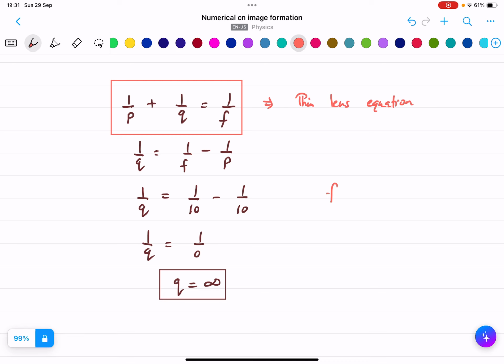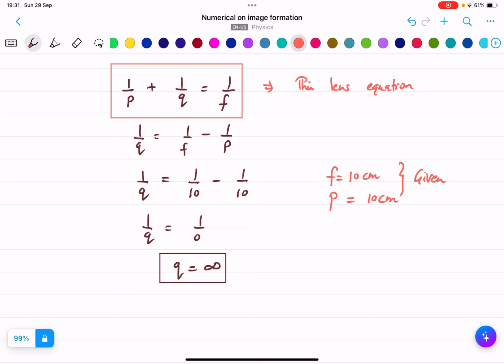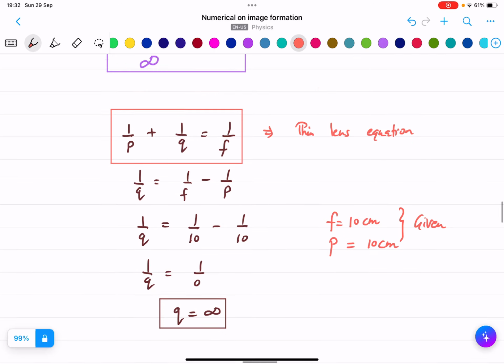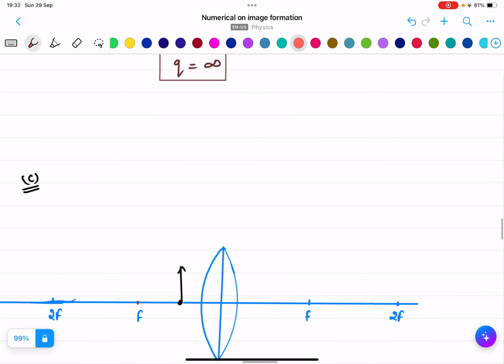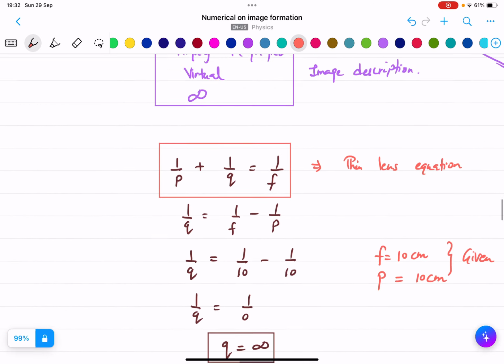Focal length is 10 centimeter, and object distance is also 10 centimeter. We'll put the values and we will see q equals infinity. So this is basically the image distance.